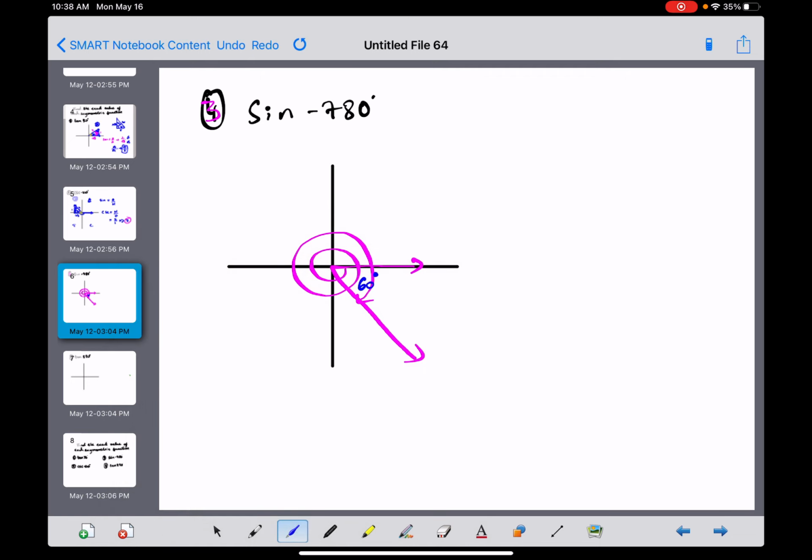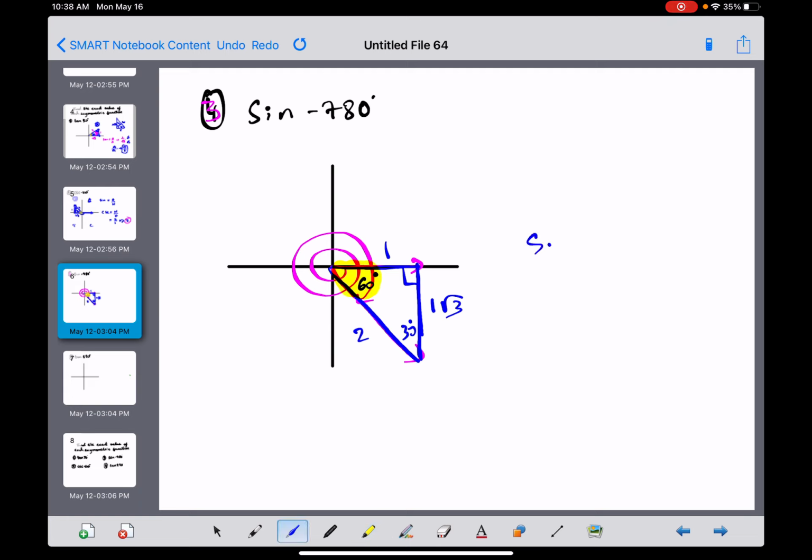I'm going to make my triangle by connecting the terminal side to my x-axis. So this is my triangle right here. This is 30 degrees, and that's 60. Across from 30 is 1, across from 60 is 1 square root of 3, and across from 90 is 2. Now we find sine of negative 780 from this angle's perspective, which is 60.